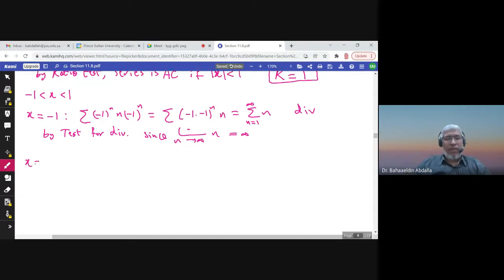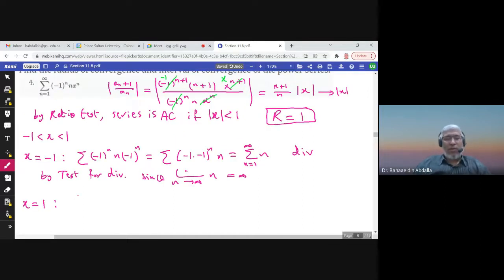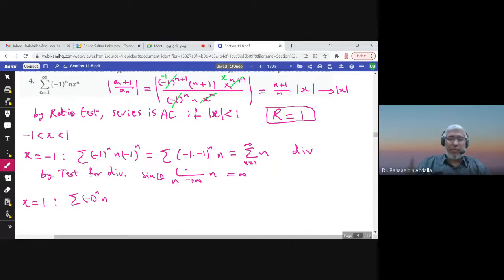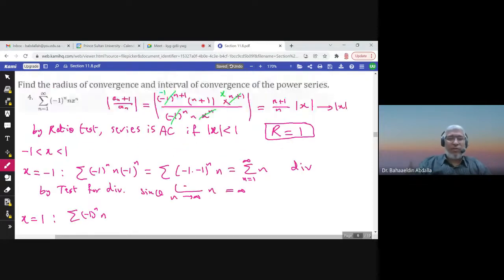And the case if x is 1, I will have summation negative 1 to the power n times n, and 1 to the power n would be 1. So this would be the series.